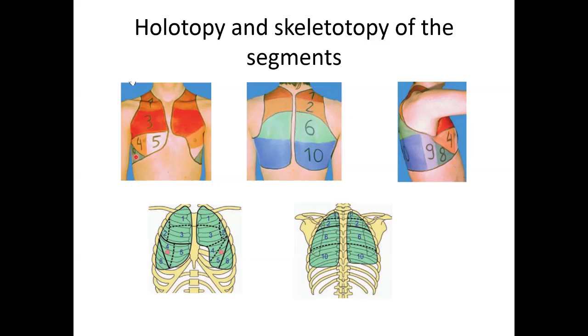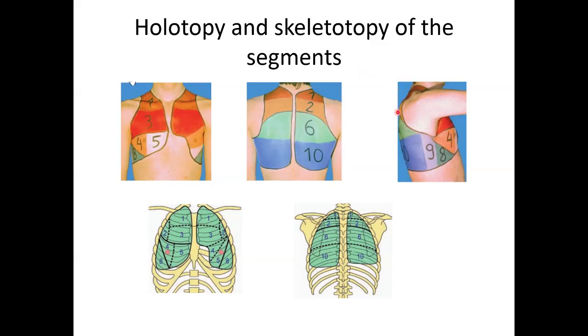And the border between the inferior lobe and the medial lobe in the right lung passes from the third spinous process of the vertebra to the fourth rib on the linea axillaris media, and then to the sixth rib on the linea medioclavicularis.